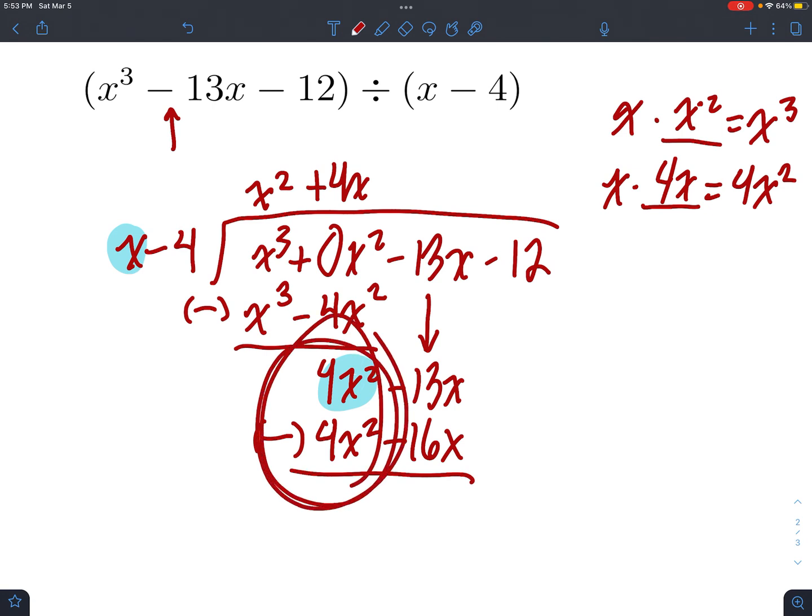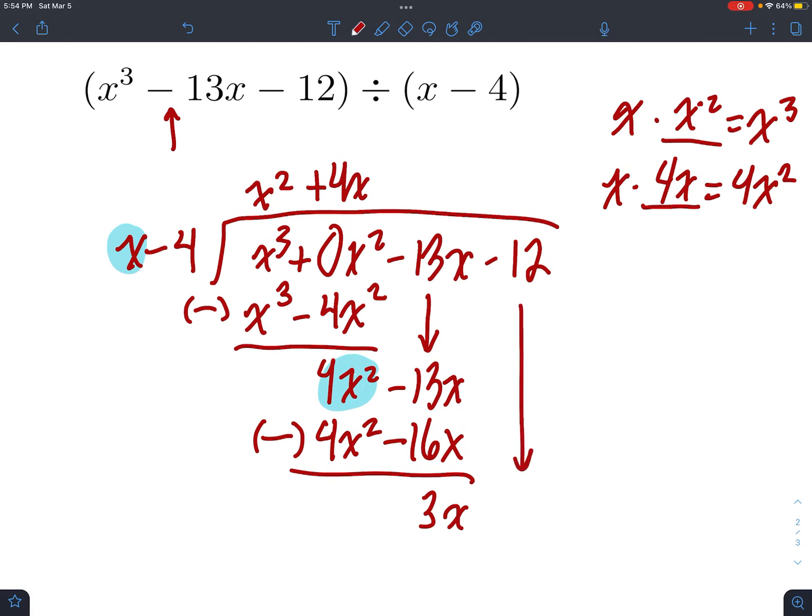We get this, which allows us to continue with the division. Okay, so be careful with that. You're always subtracting, so there's always the chance of a double negative. Okay.